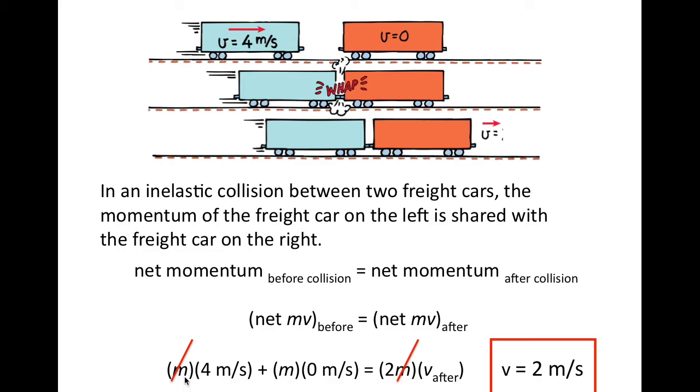We can just say m times the velocity of the first object. This would give us the momentum of the first object, plus the momentum of the second object, which is at rest, therefore that value will be 0, equals the total amount, which, since the masses are the same, we just multiply 2m, times the velocity of the two objects after the collision, which is what we're trying to solve for. When we solve for the velocity after, we get a total of 2 meters per second.